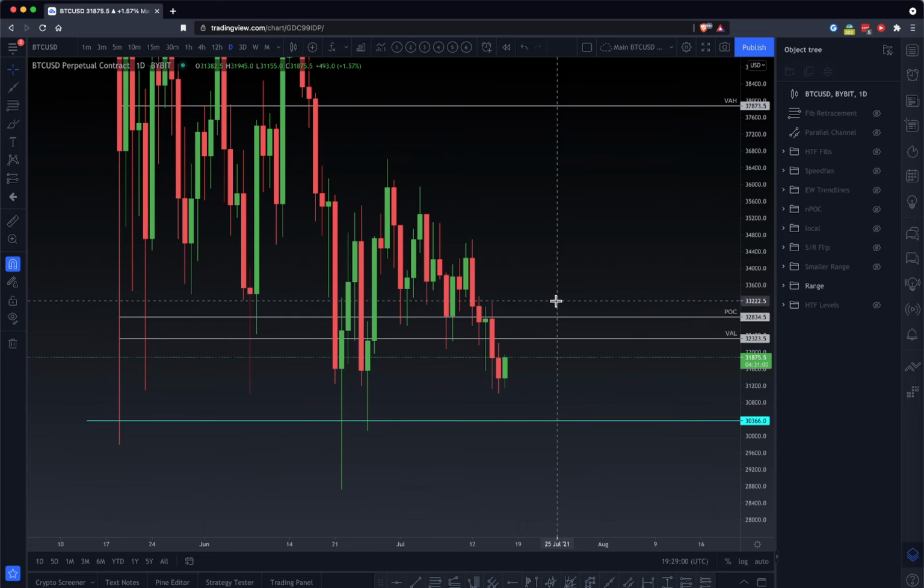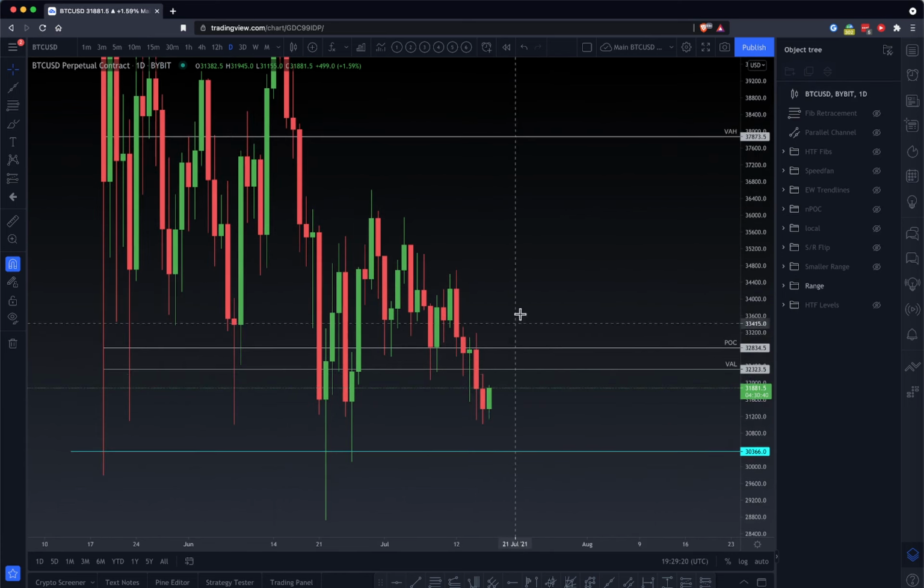You have to be very careful, because this point of control is important. If you reclaim that, you already make a higher high, and if you can hold it, actually not just the rejection. So you have to see it, and it's very easy.